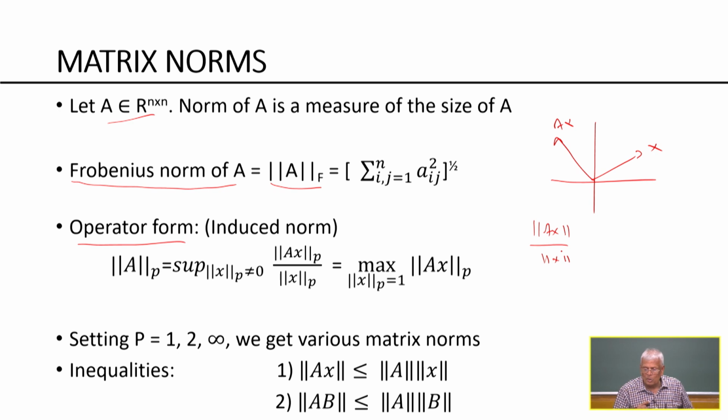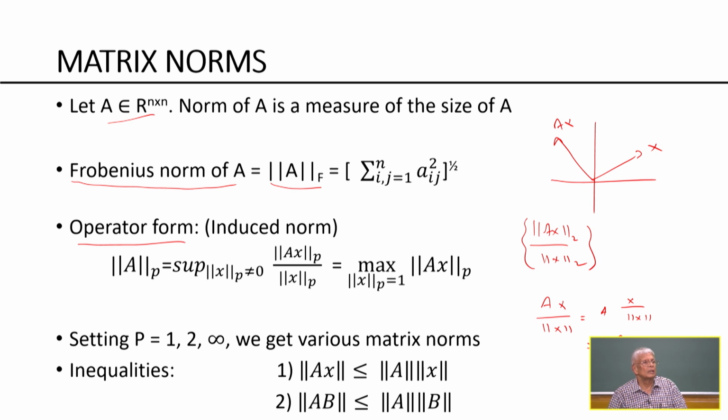Now what do I want? I want to be able to compute the 2 norm of A. So how do I define the 2 norm of A? I would like to be able to take the maximum of this ratio. Now please understand, norm of Ax by norm of x is equal to A times x by norm of x, and that is equal to A times a unit vector.